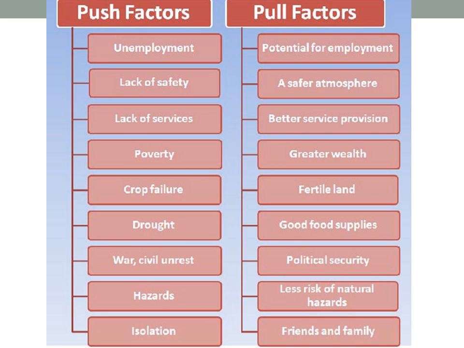And then you have pull factors. So we have potential for employment, a safer atmosphere, better service provision, greater wealth, fertile land, good food supplies, political security, less risk of natural hazards, friends and family.